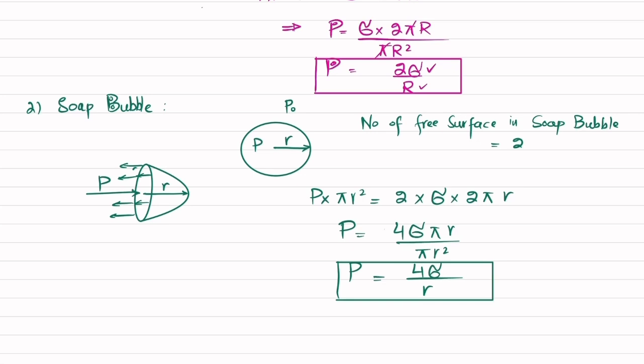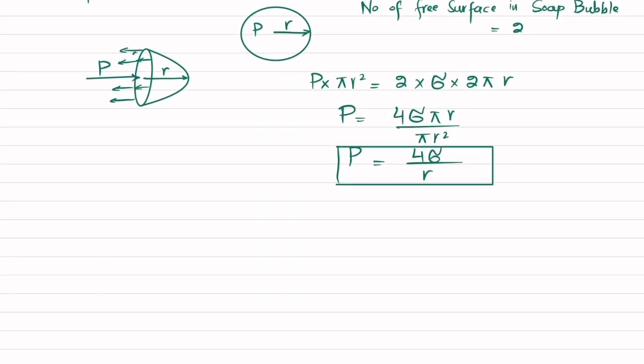And this will be the internal pressure that is needed in order to maintain the shape of the soap bubble. The third case that we will discuss will be water jet. You may have noticed that a water jet is in the form of a cylindrical shape, so for analysis we will take this as a cylindrical shape.